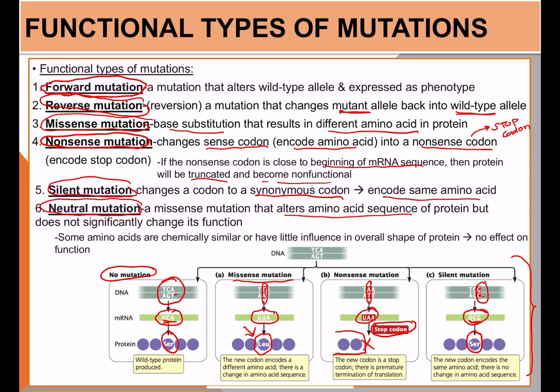Now make sure you understand the difference between these two, silent mutation and neutral mutation. Silent mutation encodes for the same amino acid even though there was a base substitution, while neutral mutation does change the amino acid in sequence, but that particular amino acid probably has a chemically similar side chain, same charge or same polarity.